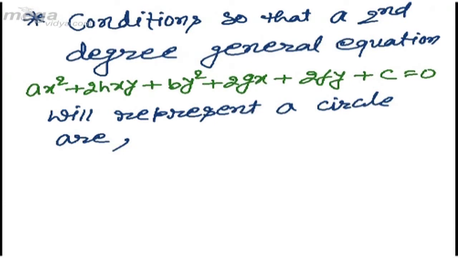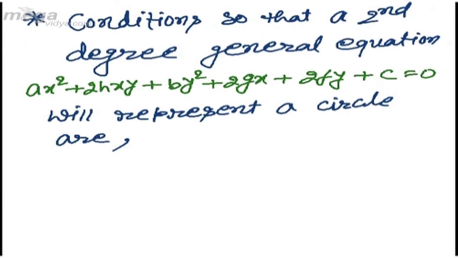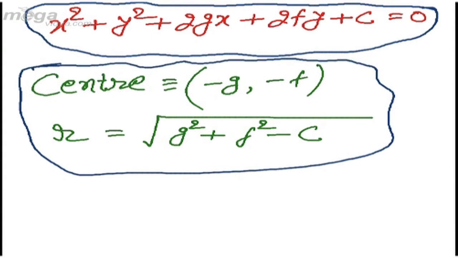From the general equation of a circle, if we compare this second degree general equation, we can see there is no term present which includes x into y, that is xy.